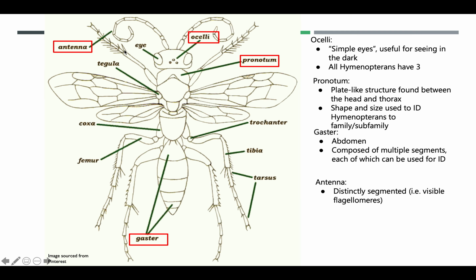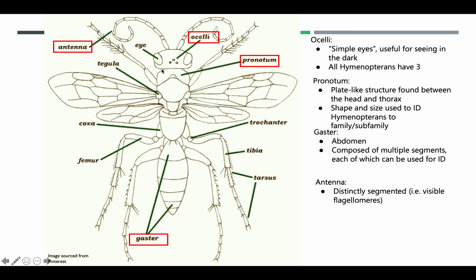All right, some more terminology that you might want to familiarize yourself with. First, again, here's that pronotum. We're familiar with this. We've talked about this a few times in bugs and beetles. It's this piece here between the head and the thorax, and it can give you an idea of what family or subfamily this Hymenopteran might belong to based on its shape and size.